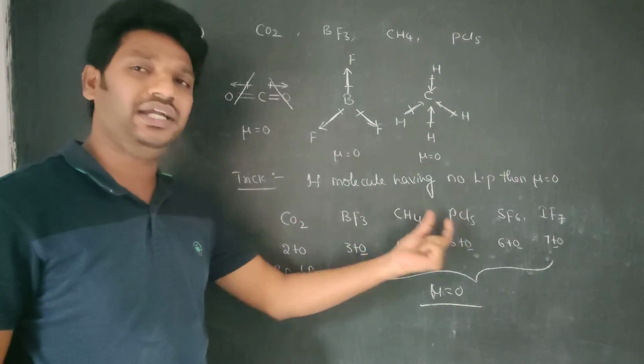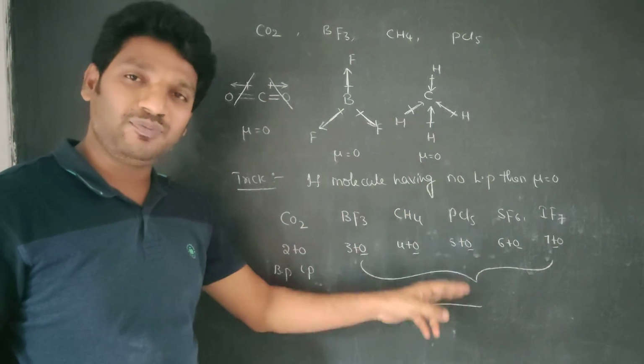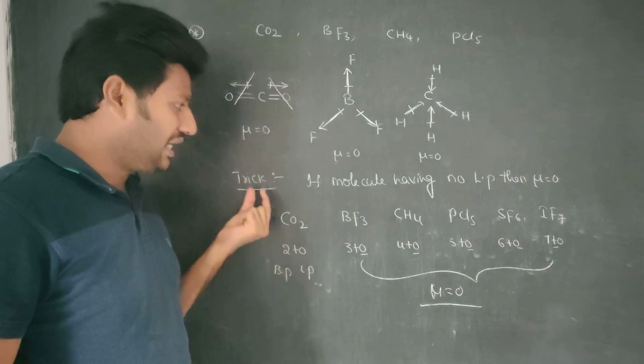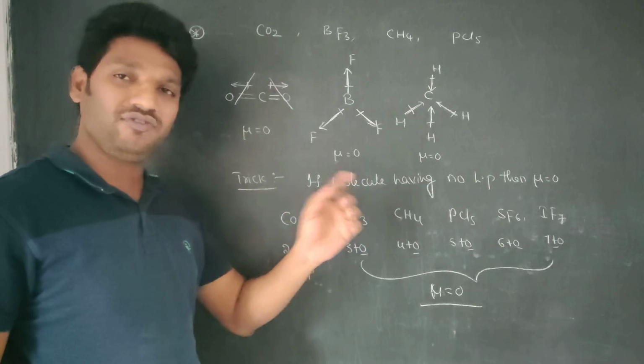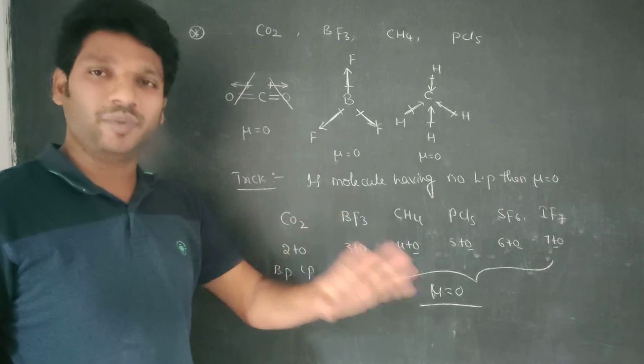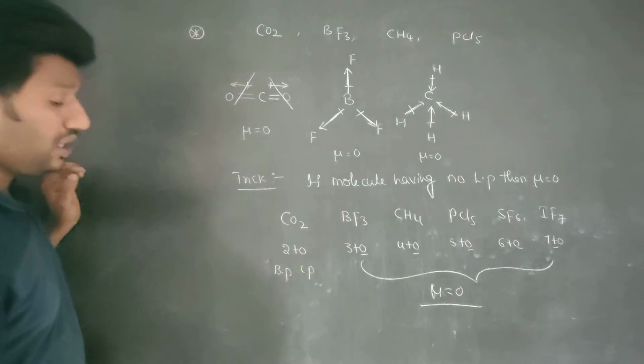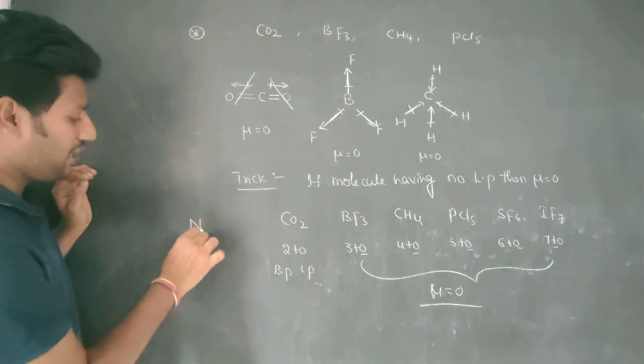Ultimately you can easily identify whether a molecule has a permanent dipole moment or zero dipole moment. Simple trick. What is the trick? If the molecule has no lone pair. According to hybridization, you can easily find out whether it has a lone pair or not. Simple example: NH3.